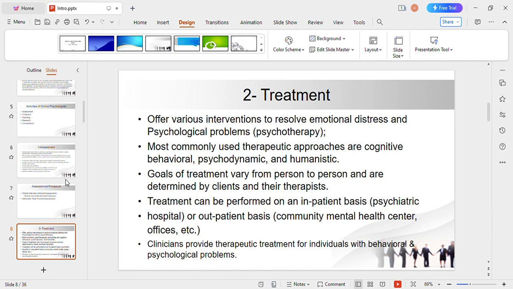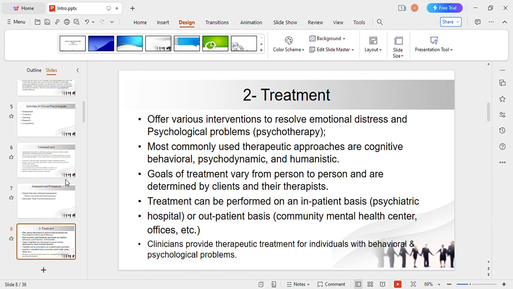It depends on the nature of the problem what treatment modality or therapy would be more suitable for the management of their issues. If a person is suffering from an issue like hopelessness, he can't see anything positive in his life, so cognitive behavior therapy would be more suitable to modify their automatic negative thinking patterns.